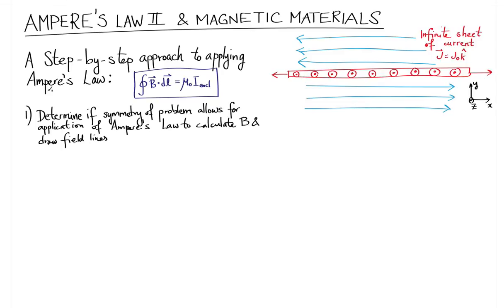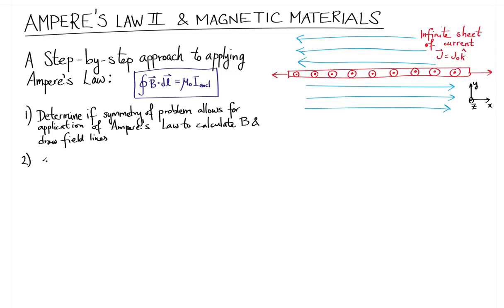So step two is basically we need to think about how many different regions of space we need to consider in this problem. This is actually going to be written out in a handout that I'm going to attach at the back of this set of lecture notes.